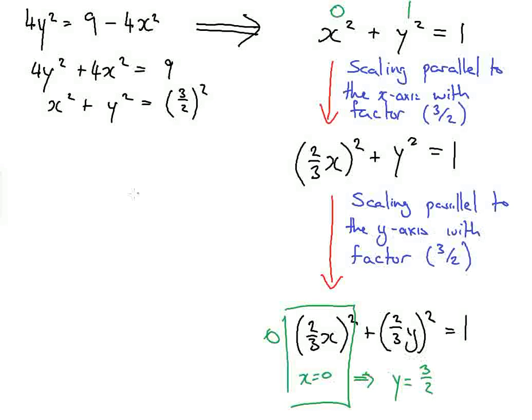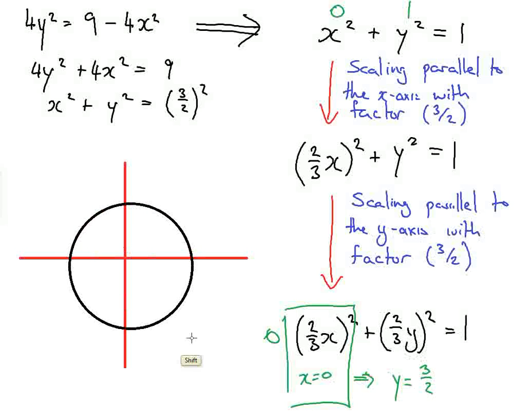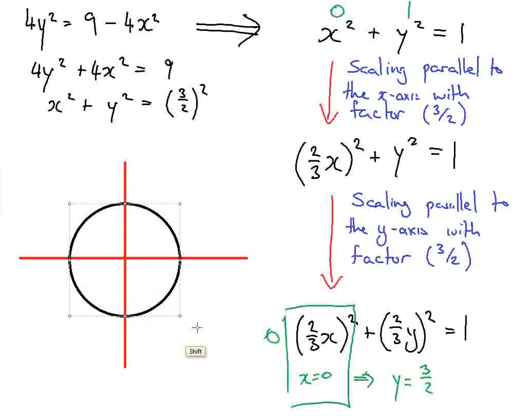So what is this going to look like? Well, we already know the shape, and fortunately I've got a tool that can draw it for me here. It is a circle centered on the origin, so center (0, 0), and it's got radius of 3 over 2.